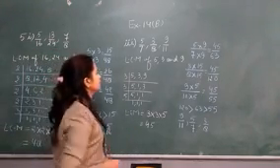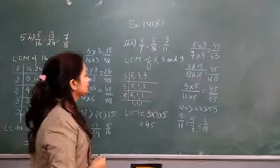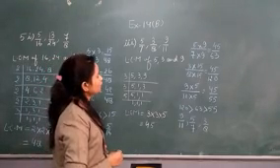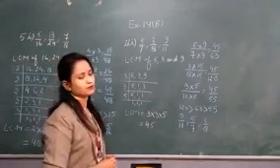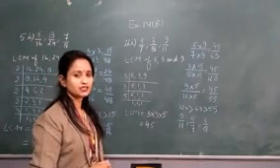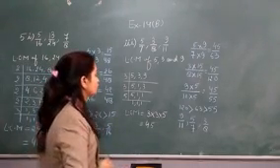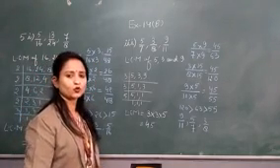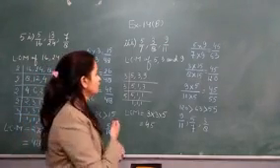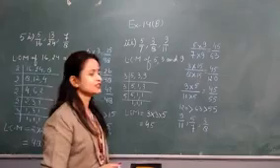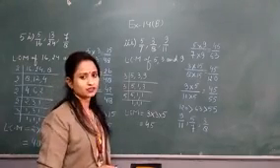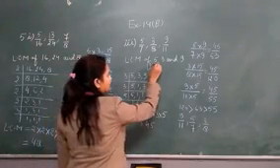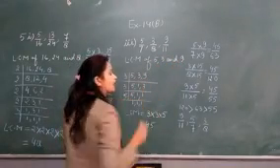Now, next question. 5/7, 3/8 and 9/11. We have to arrange in descending order. I have told you, we can find the LCM of the numerator or denominator. Okay? Now, in this question, we will find the LCM of the numerators, that is 5, 3 and 9.